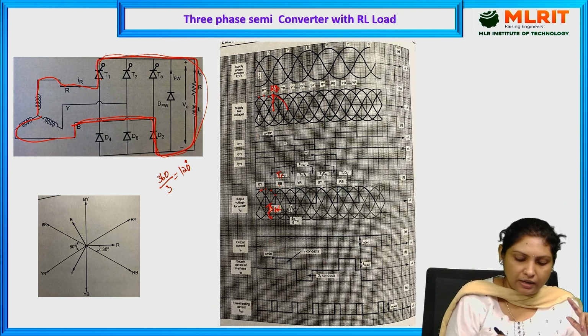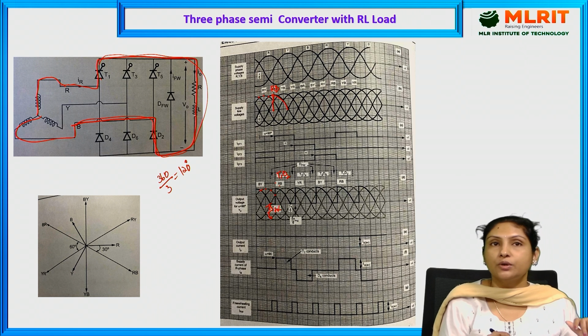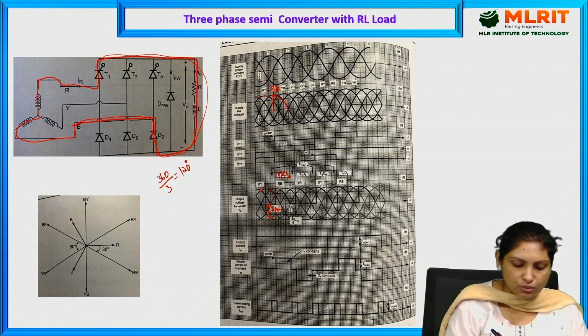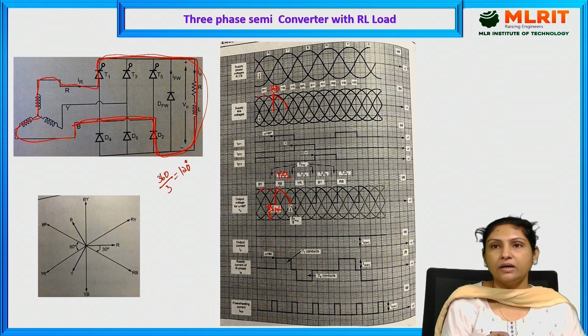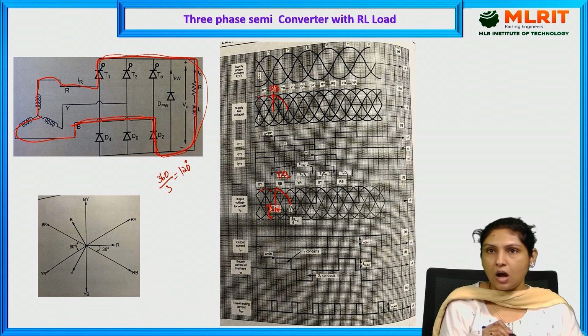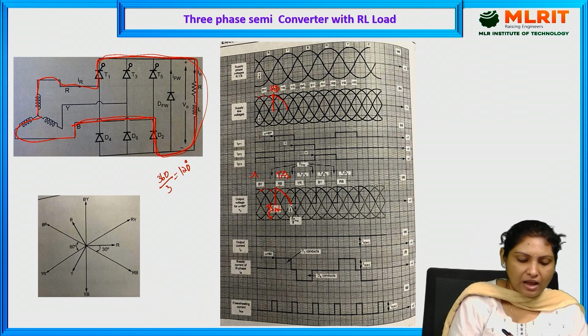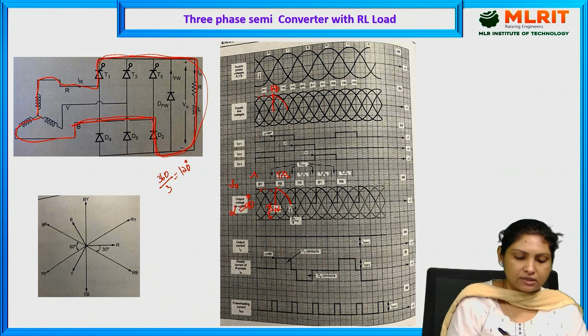Thyristor 1 and diode 2 are conducting during the RB phase whenever it is applied to the load. So from pi by 6 plus alpha to 7 pi by 6, RB phase, T1 and D2 are conducting, and this is our output voltage waveform for alpha equal to 90 degrees.